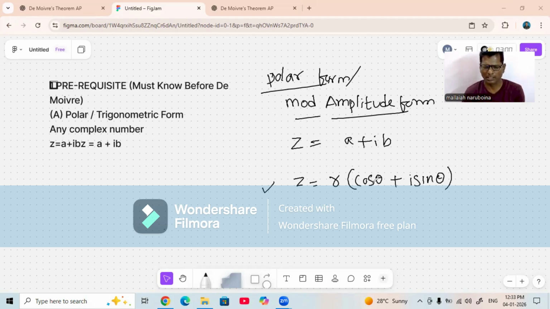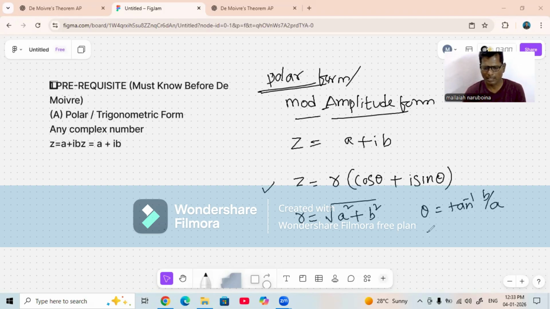Here r is the magnitude of the complex number, found using the formula square root of a square plus b square, and theta is tan inverse b by a.